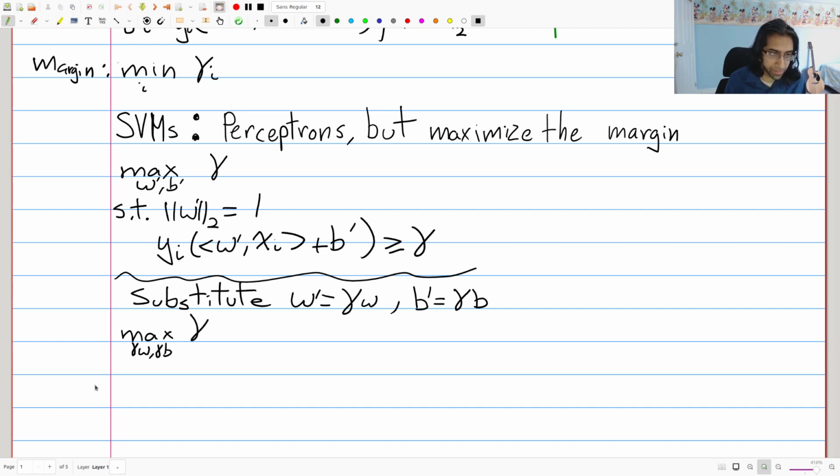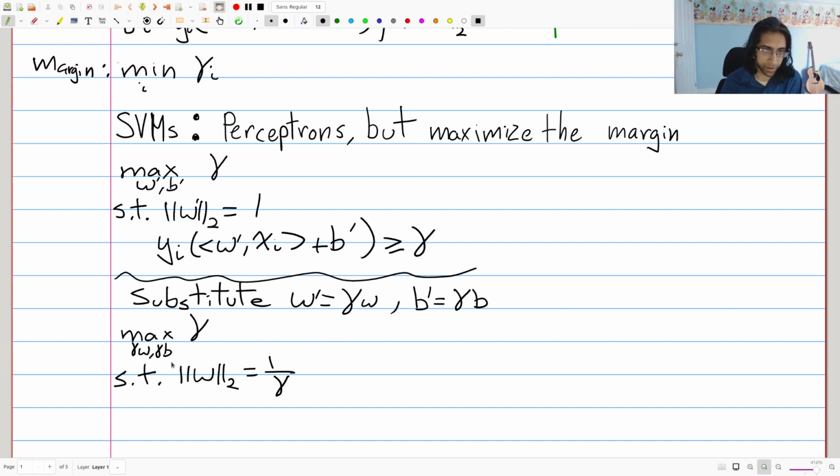This doesn't change. The first thing we're going to do is substitute this constraint into this one, and this will give that the L2 norm of w is equal to 1 over gamma, just substituting into the first constraint.